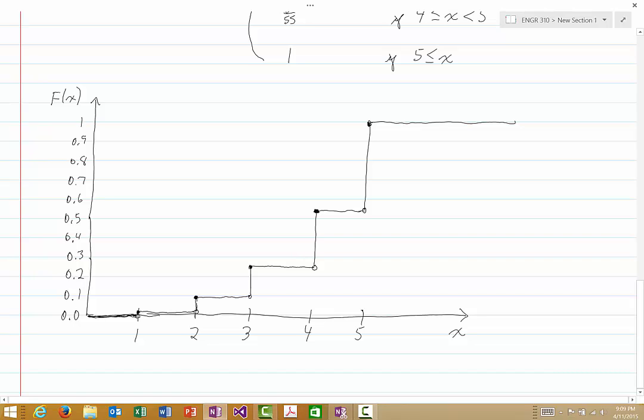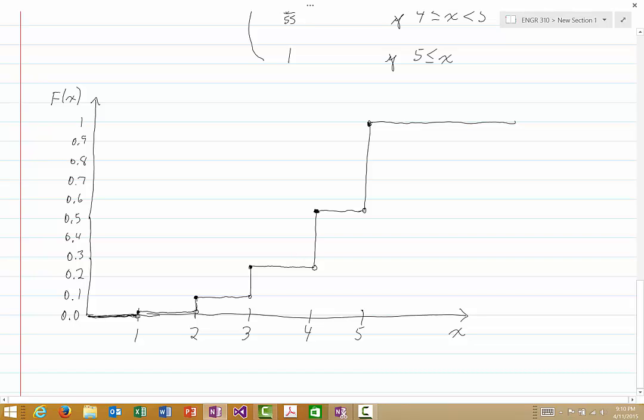And keep in mind that this value of 0 here would extend forever. If we had a negative part to our horizontal axis, it would continue to be 0 forever. And on the other hand, F of positive infinity is always 1. If we kept on going here, this would continue to be 1 forever.